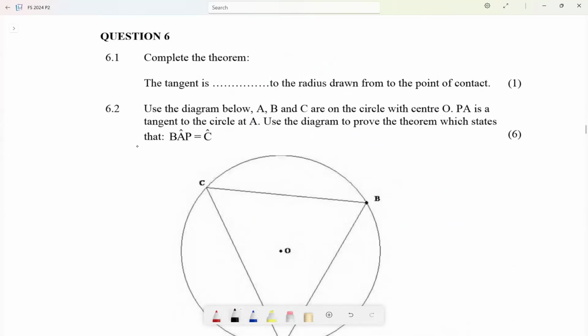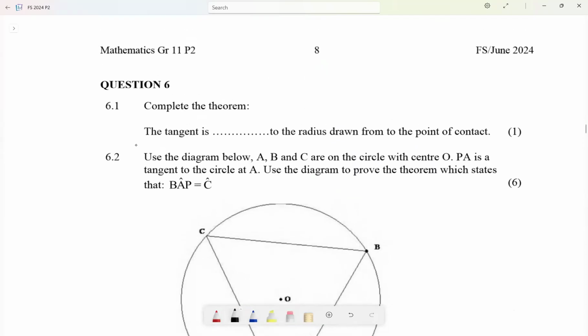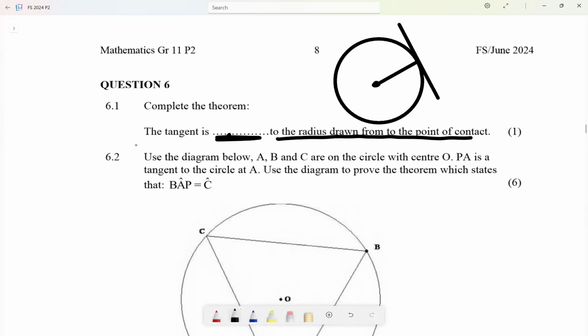The tangent is perpendicular to the radius drawn to the point of contact. If I have a radius like that, and I have a tangent passing through, so here's the tangent, to the radius drawn to the point of contact.